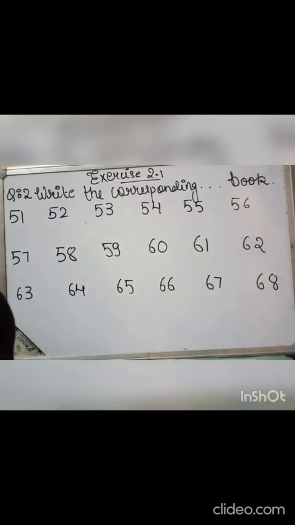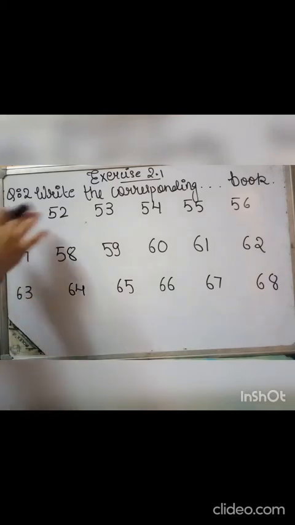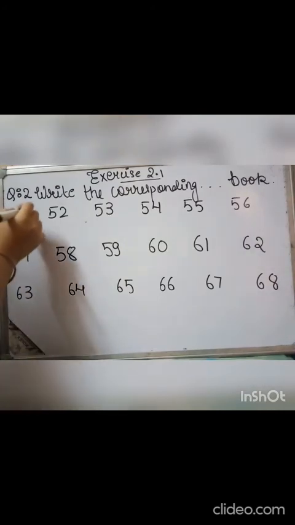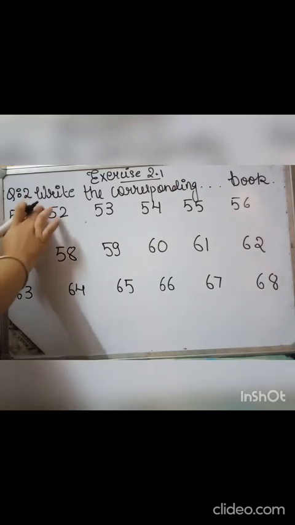Come to question number 2. Write the corresponding Roman numerals for the following in your notebook. So we have to write Roman numbers for these numbers. 50, we know, is written as L. What is 51? 50 plus 1 when we expand it.